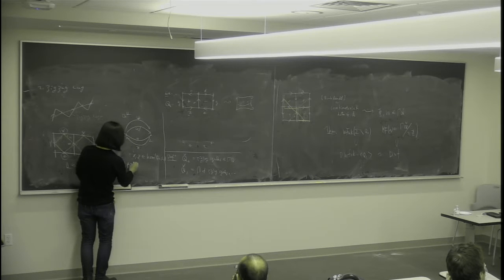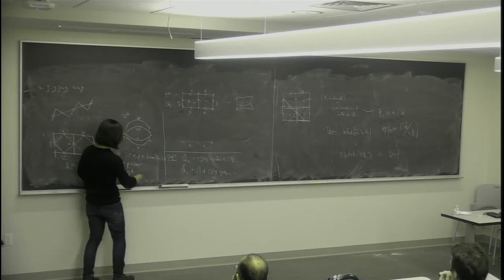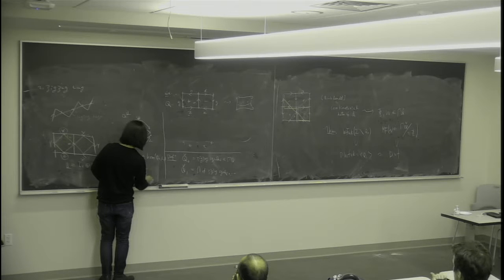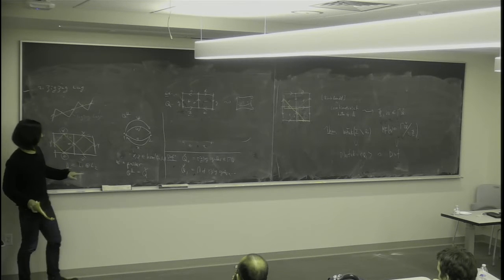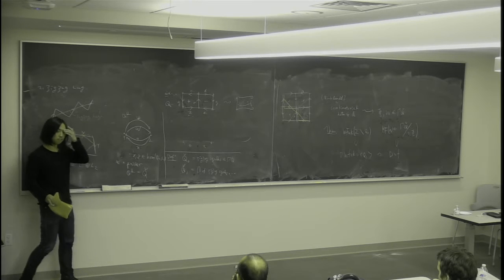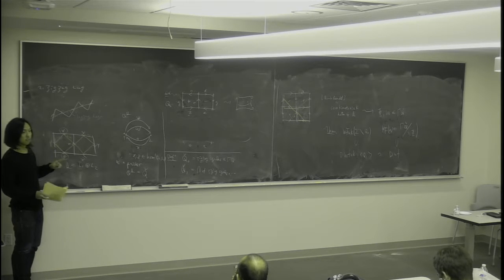And as a quiver, this Q_L is exactly the same as Q check. But I don't need a dimer structure on it because I'm going to read off all this combinatorial data from Lagrangian Floer theory on this side.